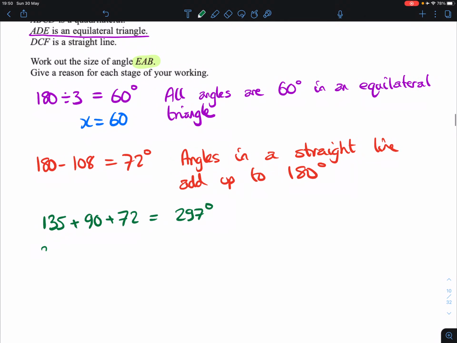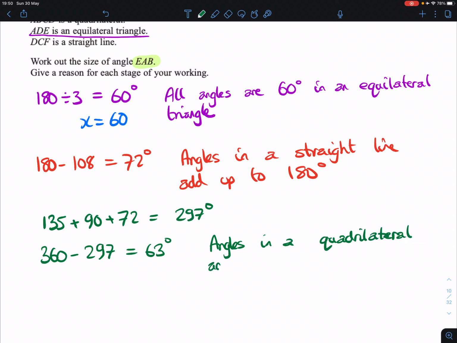And then if we take that away from 360, we'll get our answer for Y, because angles in a quadrilateral add up to 360. It's important that you list all of the reasons for this.